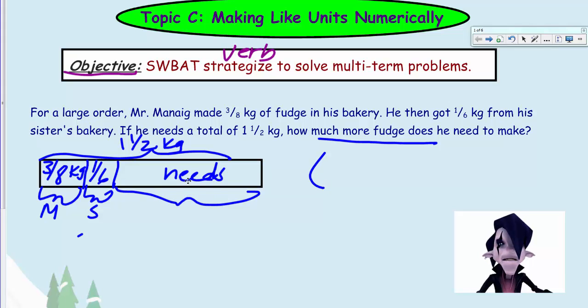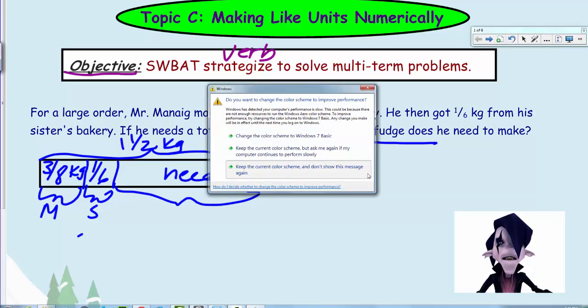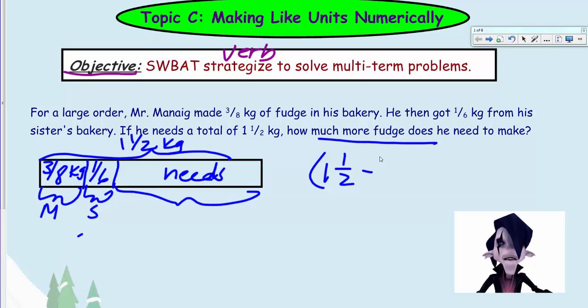Looking at the problem, we have our whole here. The best thing to do might be to take that 1.5, and we're going to subtract 3/8 from that, as you can see. I'm going to subtract that first, so I'll put that in parentheses.